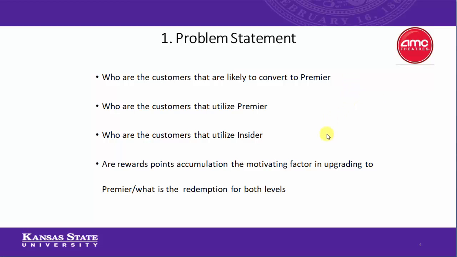These questions will be addressed in my project: who are the customers that are likely to convert to Premier, who are the customers that utilize Premier, who are the customers that utilize Insider, is reward point accumulation a motivating factor in upgrading to Premier, and what are the redemptions for both levels.